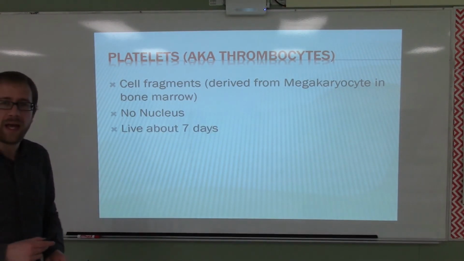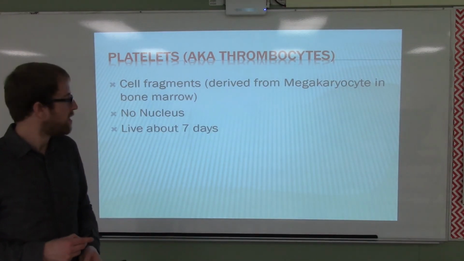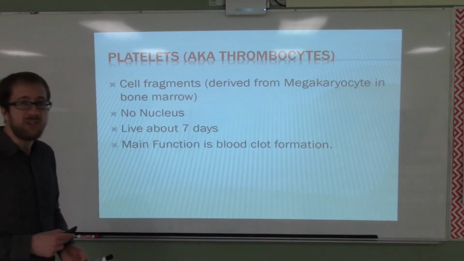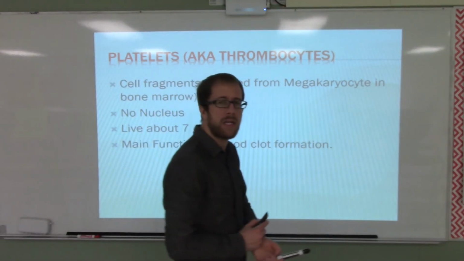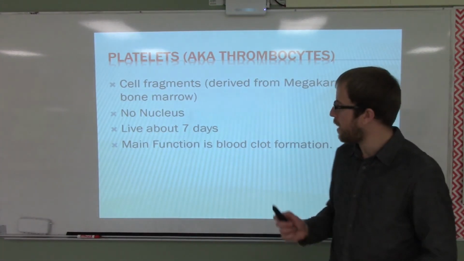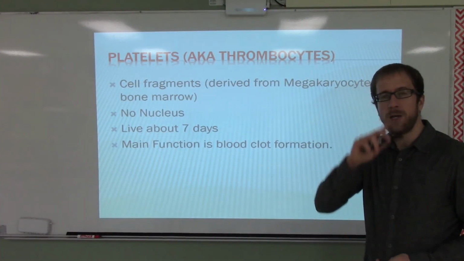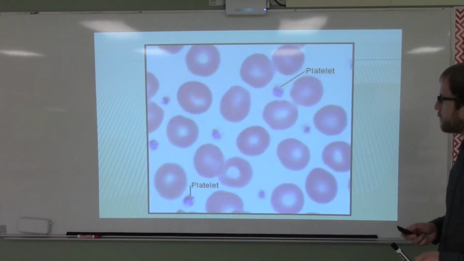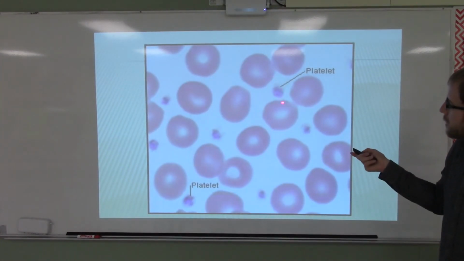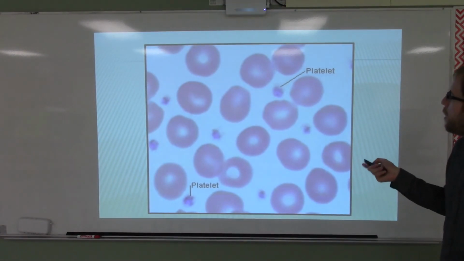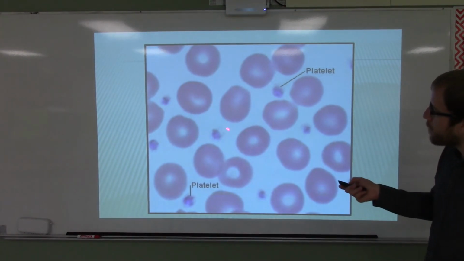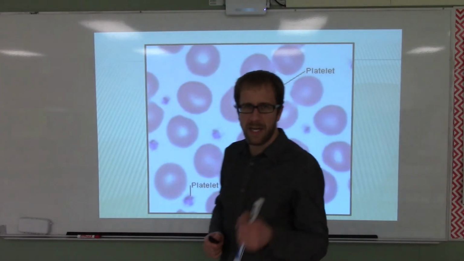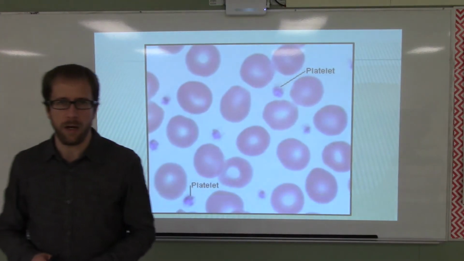They have a lifespan of about 7 days. And they are just there for the clotting of your blood. In the absence of platelets, your blood will not clot properly. So again, platelets you can see if you stain for them within your blood. They're just little tiny chunks of that megakaryocyte.